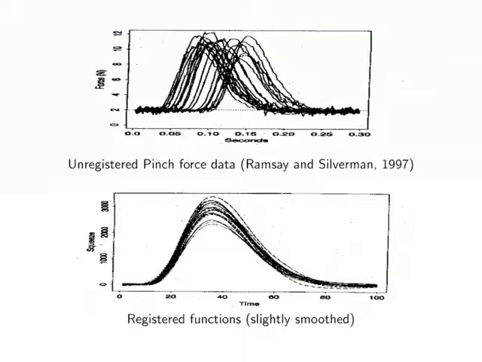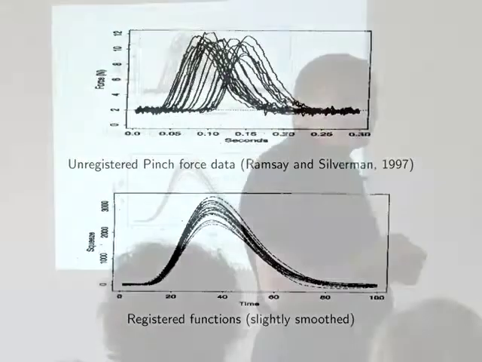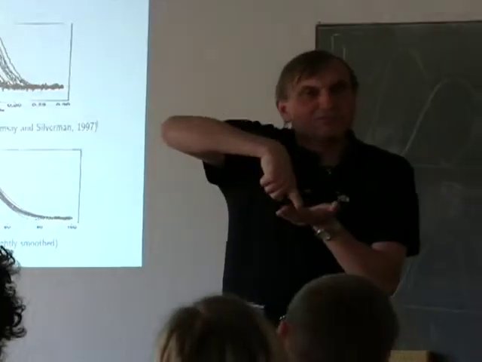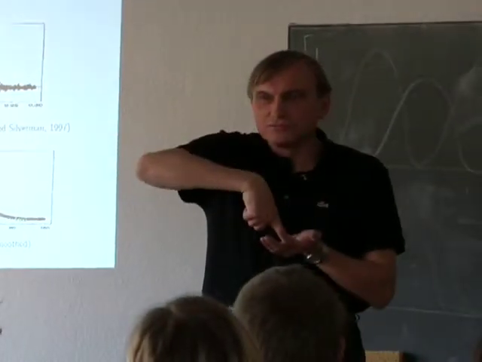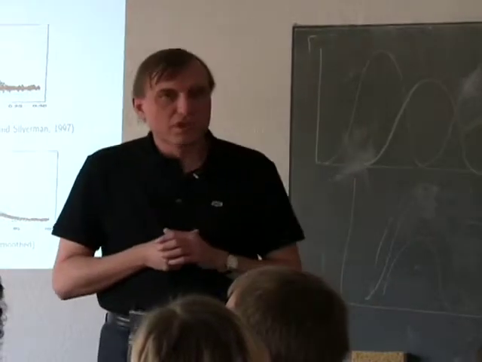Okay. Just to give you another example of such a warping procedure. This is the pinch force diagram, which Ramsay and Silverman present in their book about functional data analysis. The pinch force was something people had to press, exercising a force on a certain ground.